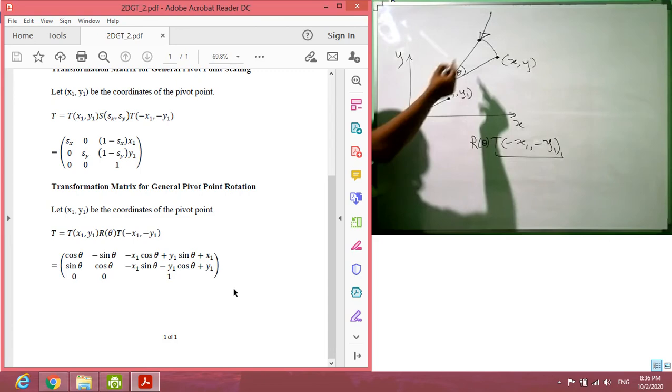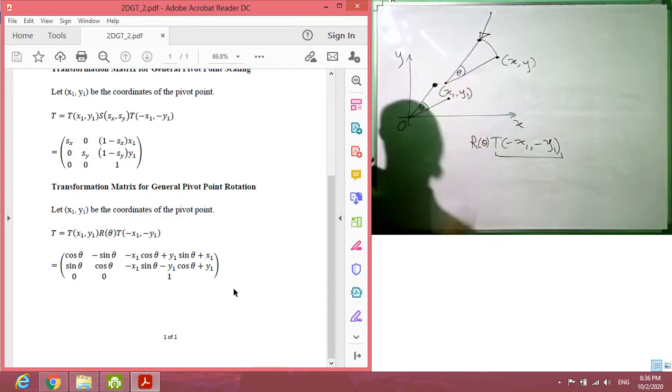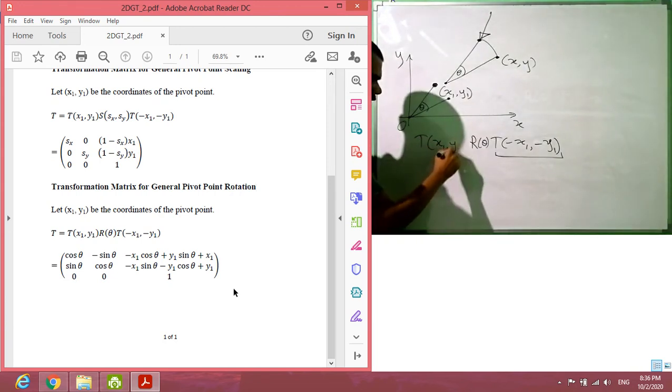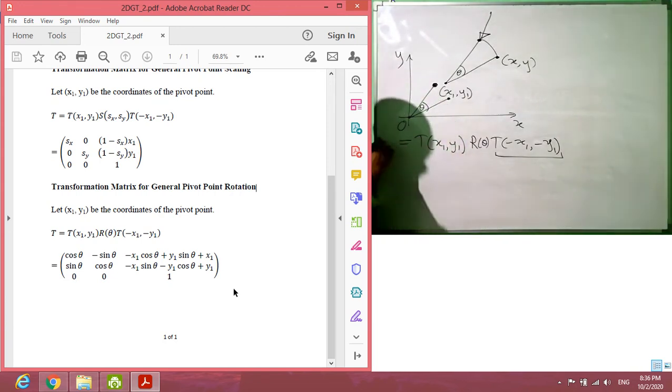Again, in order to get this one, what we should do is retranslate using x1 and y1. That is the logic here. That is how we compute the transformation matrix.